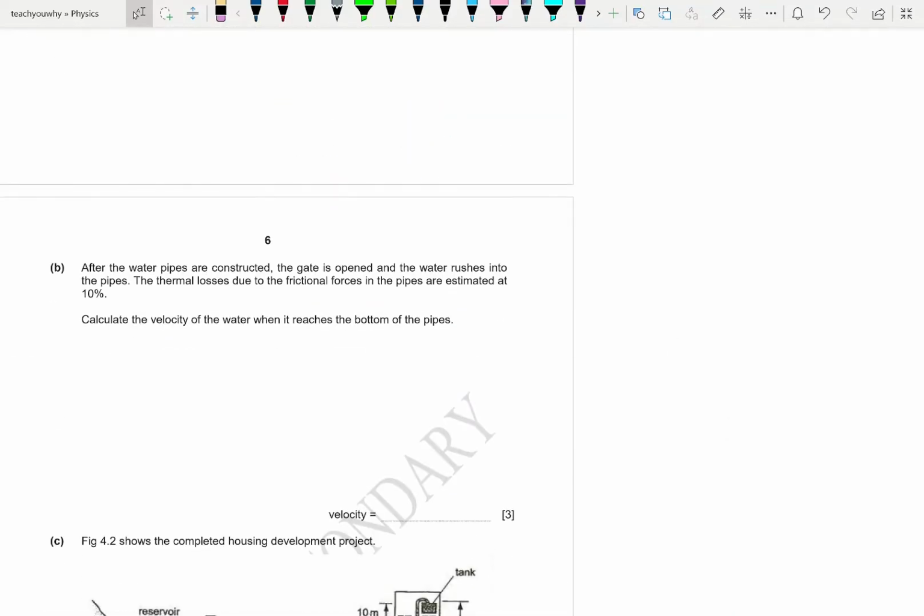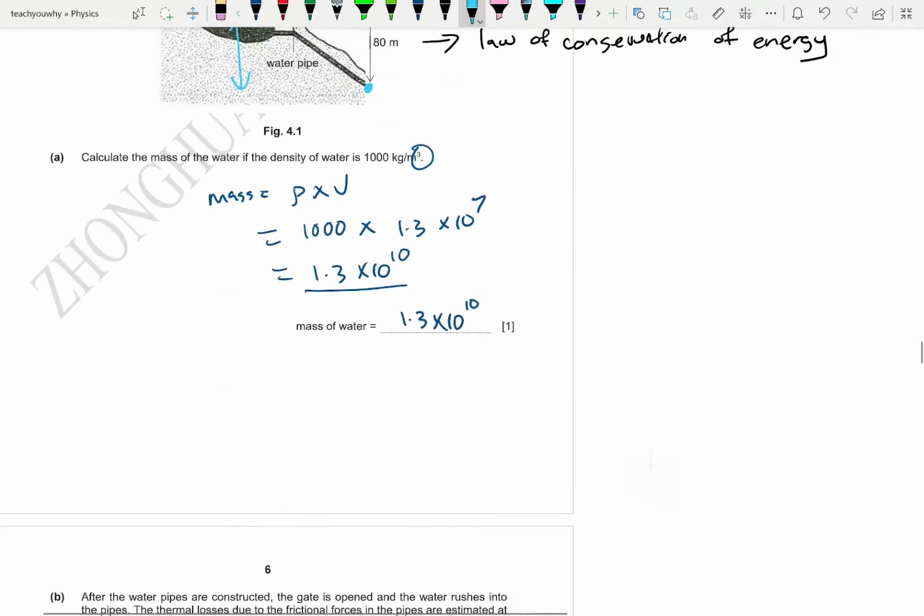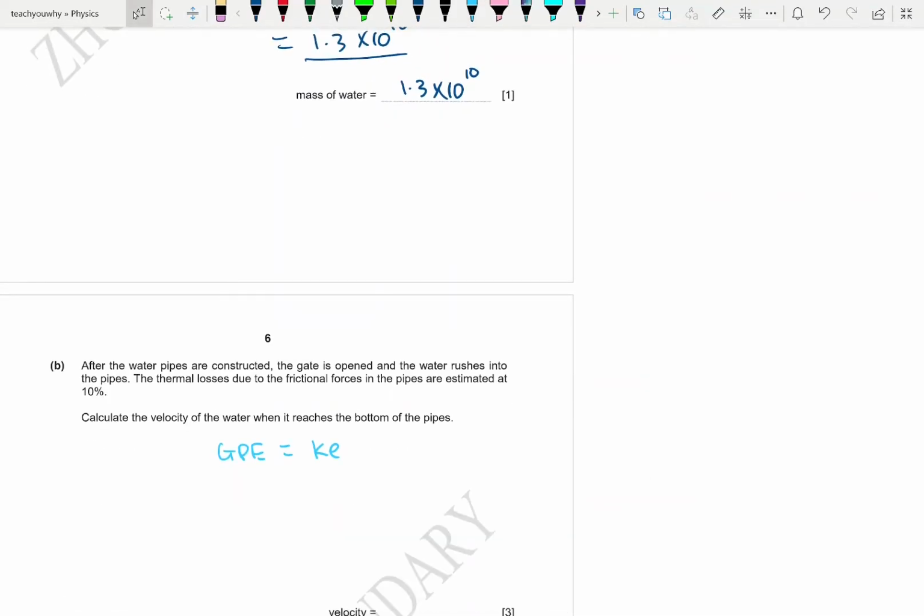So in this case, we will write GPE is equals to KE, but not quite. Okay, so when we are working with conservation of energy, we need to take into account the energy before and after. Before, we only have GPE when the gates are not up.